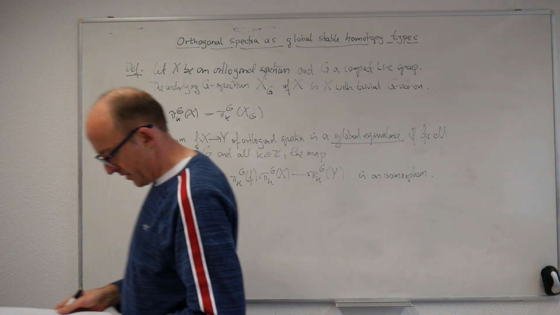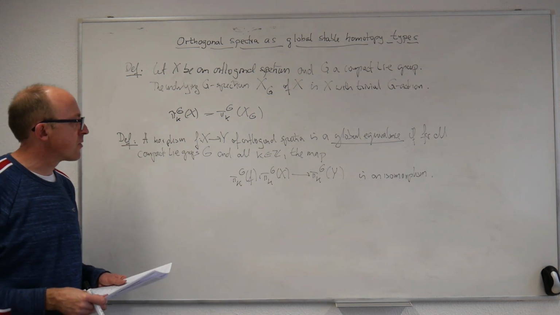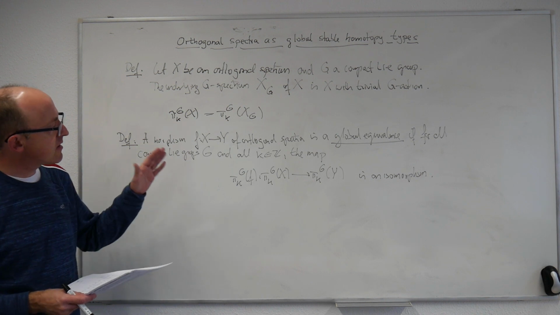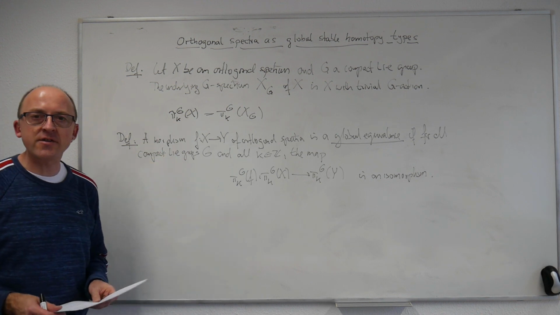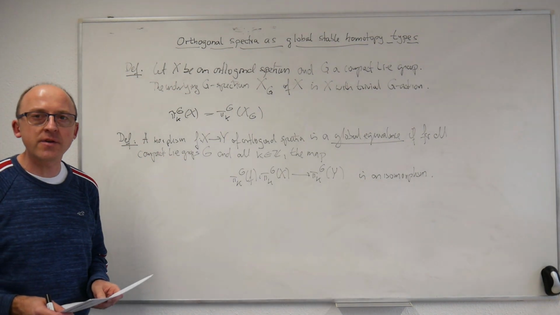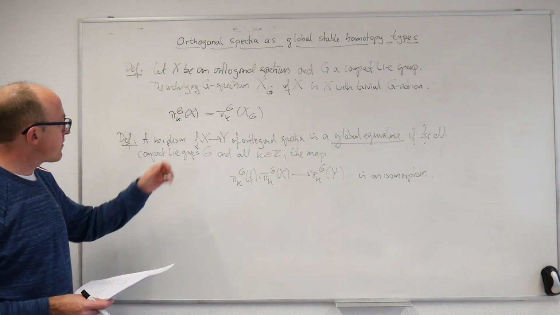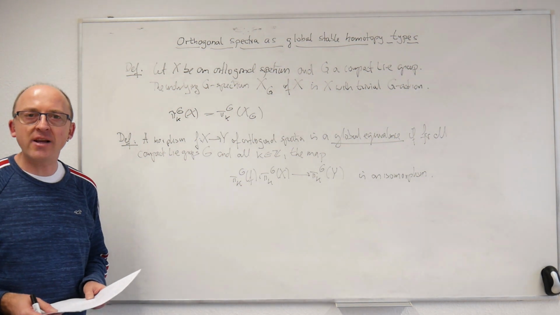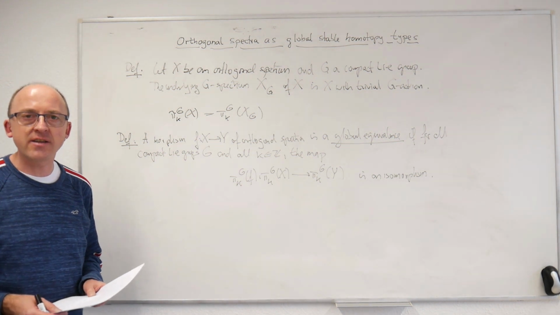Okay, again, I would like to make a bunch of comments before going on. The first comment is that you could vary the class of groups, so this is one parameter that you can build into the theory. Instead of asking this for all compact Lie groups, you could first fix some class of compact Lie groups and then ask this for all G in that class.